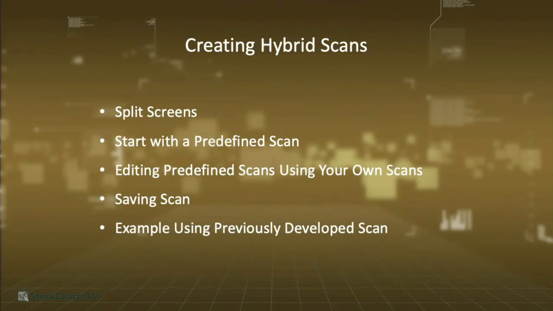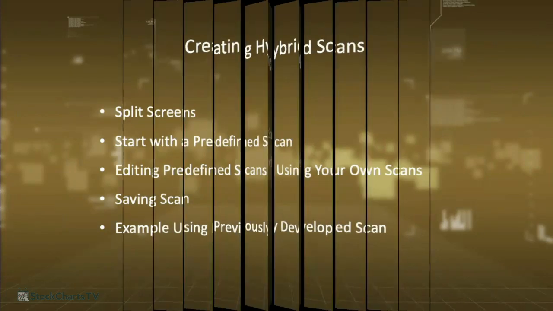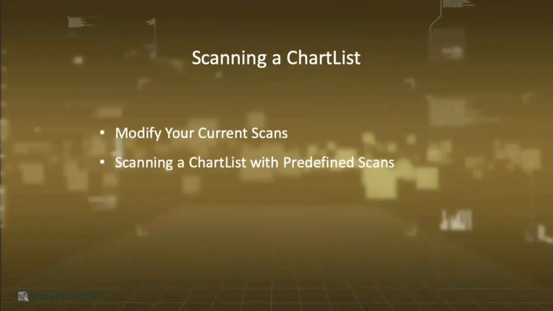That really plays well into what we're going to do today as far as scanning a chart list, because you can take that predefined scan and set it up to scan on your chart list, and that's a hybrid scan, and I'll show you that as well. And then we're going to show you how to scan that chart list using the current scans that you have, the ones we just created, and then how you can scan that chart list with the predefined scan.